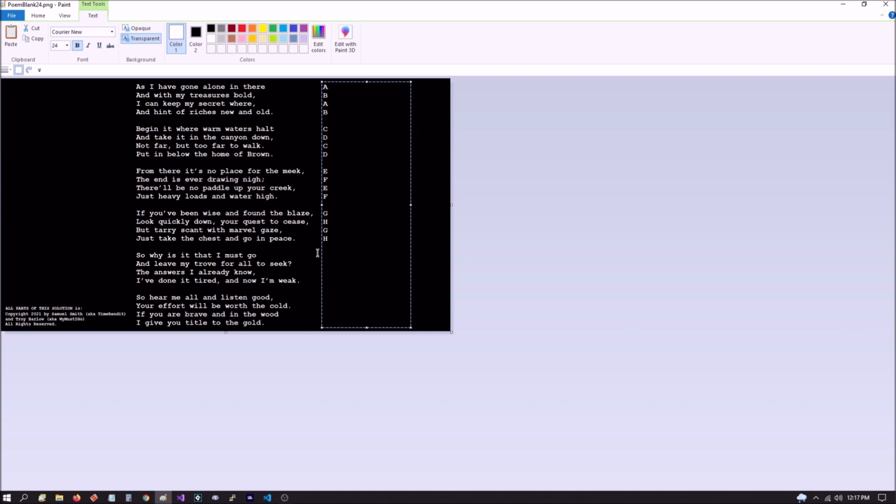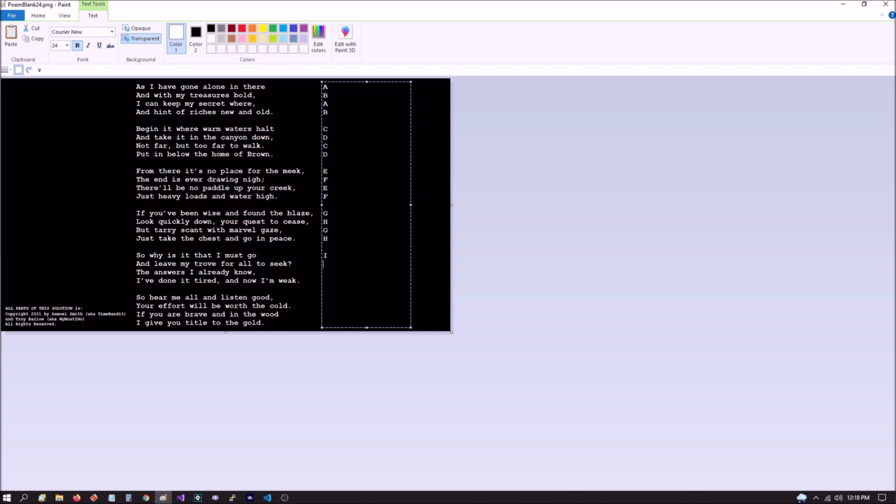So go. Does go rhyme with any of the previous words? No, it doesn't. So we give it an I. Now here is where you got to pay attention. This is where he starts to change things up. He's still going to have the internal rhyme scheme for this stanza of A, B, A, B. In other words, the first line of the stanza is going to rhyme with the third.